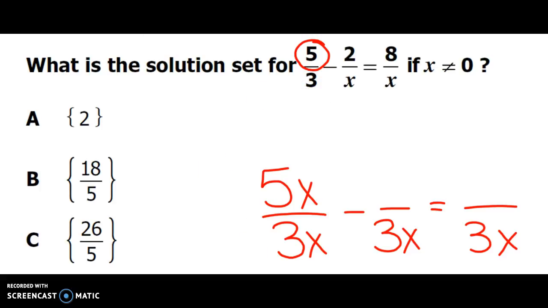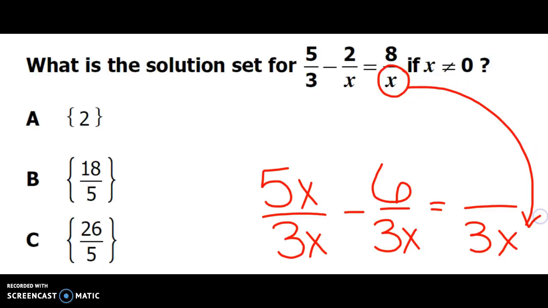Then what did we multiply x by to make it a 3x? We multiplied it by 3, so we're going to multiply 2 times 3 and get a 6. And we multiply 8 by 3 and get 24.